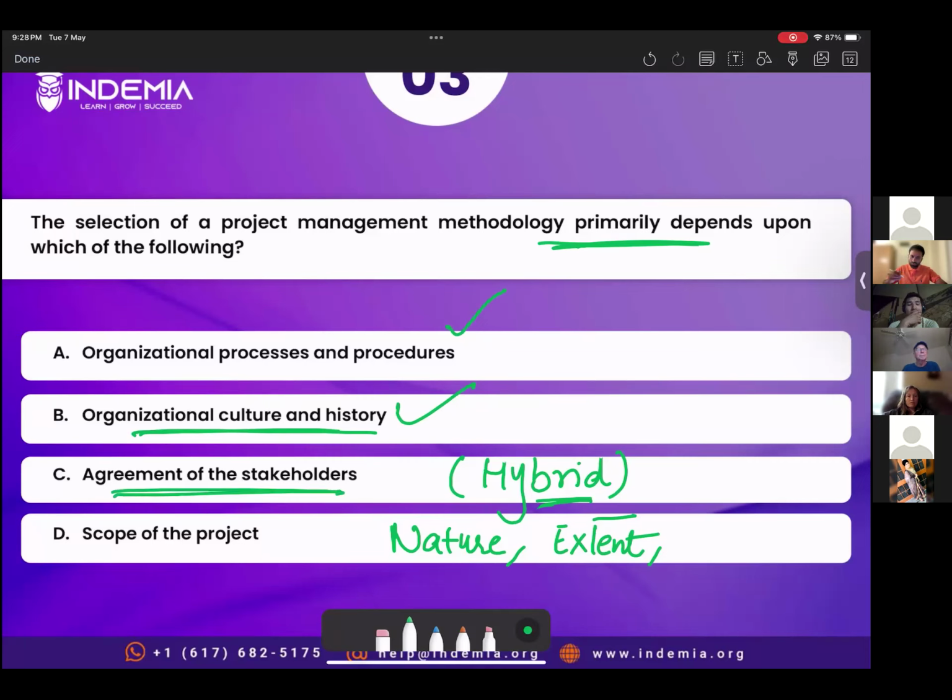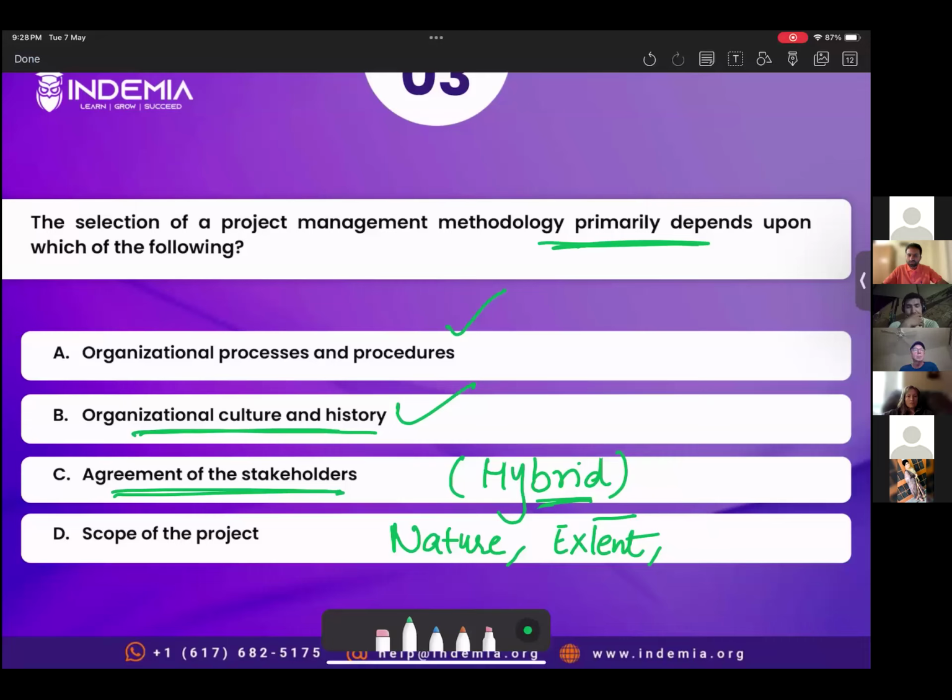Agreement of the stakeholders. We have been solving questions where, if you remember, on one side we have a team, on the other side we have a sponsor or executive, and they are not agreeing. For example, the sponsor doesn't know about Agile. So what do we do there? Mentor the sponsor, educate the sponsor, try to convince them.